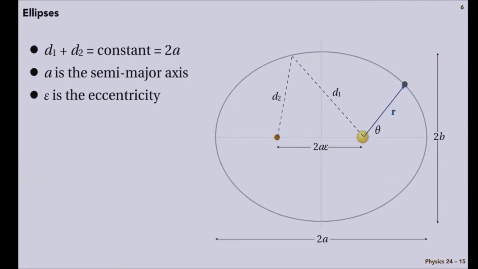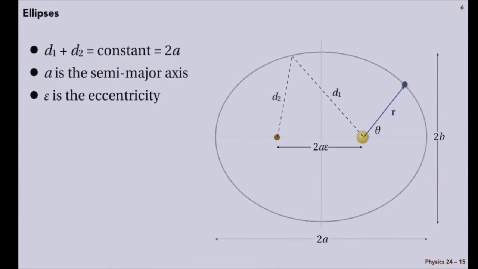So I only have one easy place to check, and that would be along the major axis here. Imagine that my planet is over here. I have to go out from the sun, that's d1, and then I have to go all the way back to the other focus, that's d2.